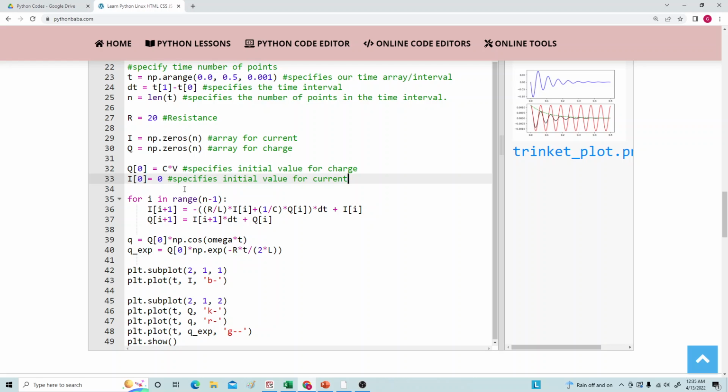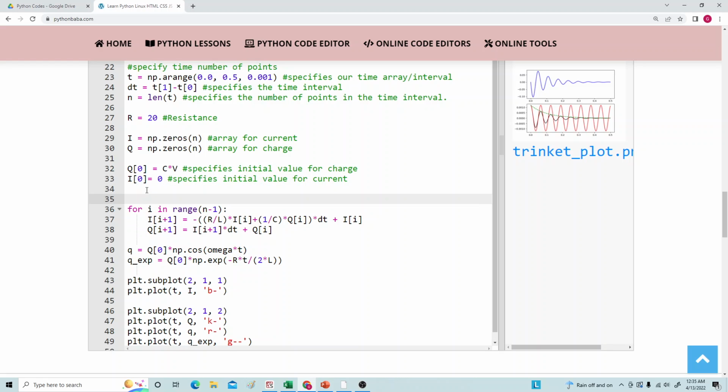Right here, as a matter of fact, this is the meat of the program.